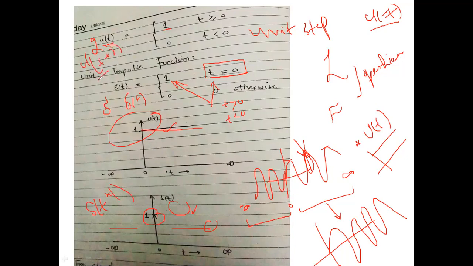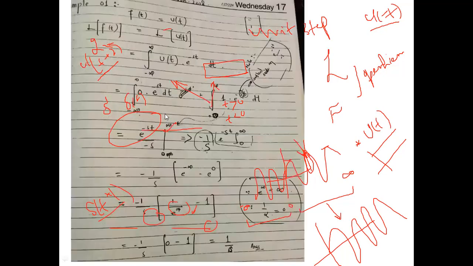But these are not part of the course in electrical network analysis, so we don't need to discuss them. We will discuss only the standard version, that is u of t and delta of t, not the shifted version.